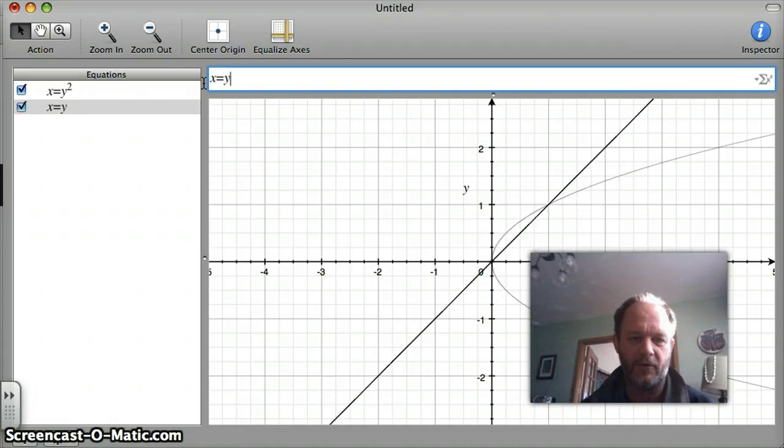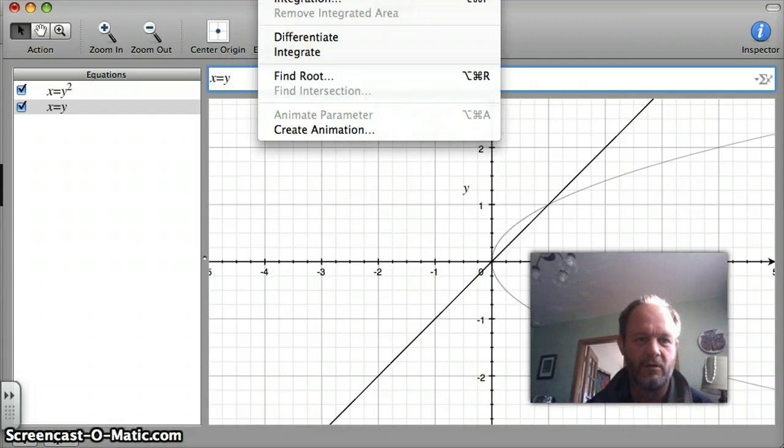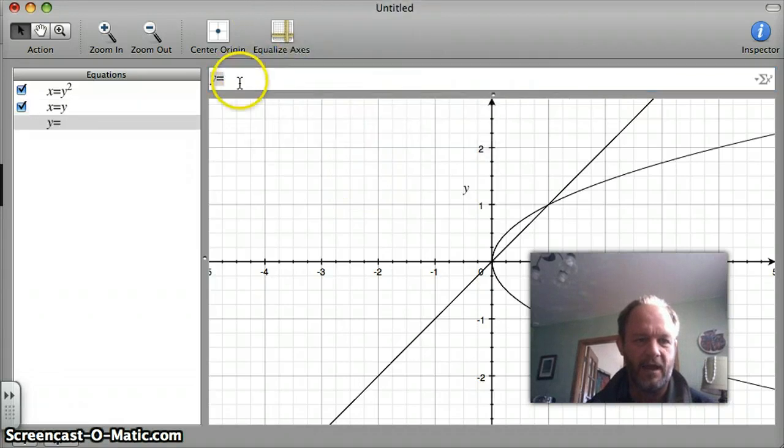x equals y squared. One can see how this crosses that line, but it does. And I'm going to go once more time and set equation and new equation and then add back y equals x squared.